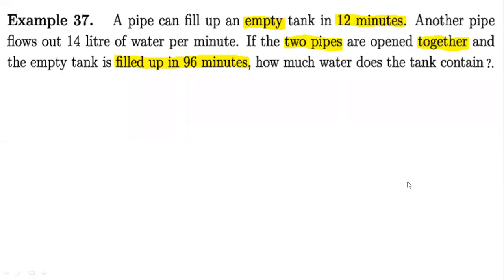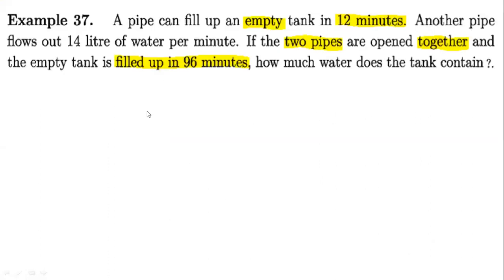But interestingly, today we are going to solve these very hard and tough maths by using a very shortcut formula. First of all, a pipe can fill up an empty tank in 12 minutes. Another pipe flows out 14 liters of water per minute. If the two pipes are opened together and the empty tank is filled up in 96 minutes, how much water does the tank contain?